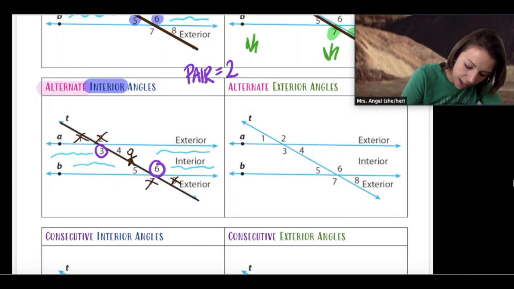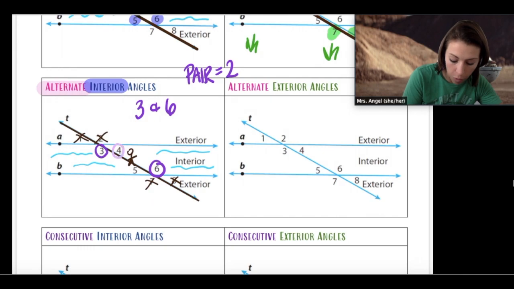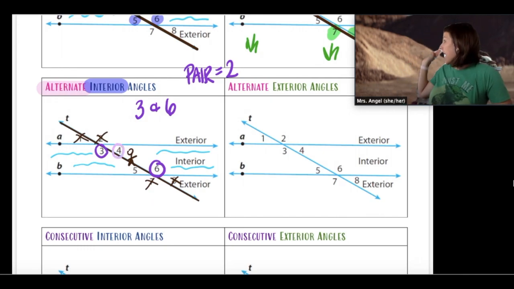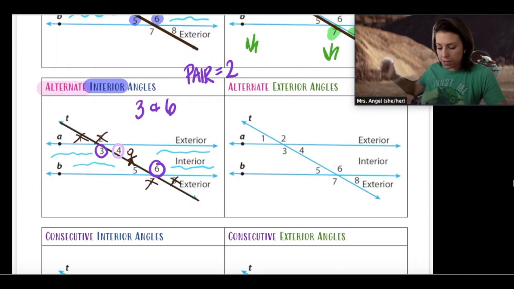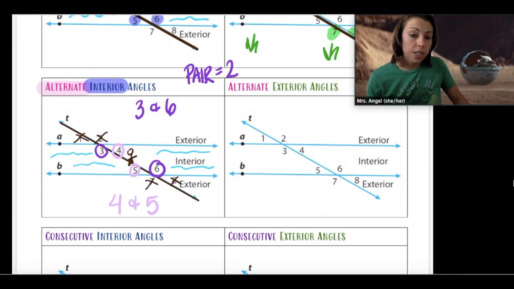So we know that one angle pair is angle 3 and angle 6. Another pair of alternate interior angles would be angle 4, because that's ahead of me and to my right, and then if I look back and to my left, I would see angle 5. So angle 4 and angle 5 are also what we would call alternate interior angles.